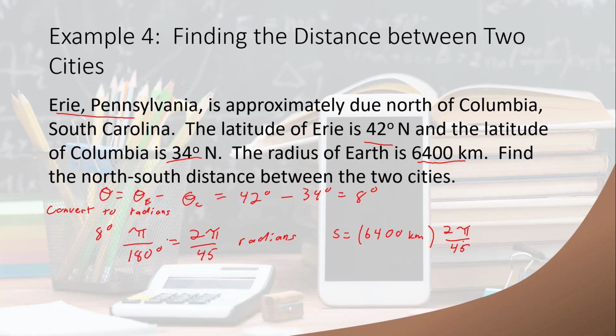And when you do all that math, you will find that the distance is 893.6 kilometers. And we're going to round this to the nearest kilometer. And since this is greater than 5, this will round to 894 kilometers.